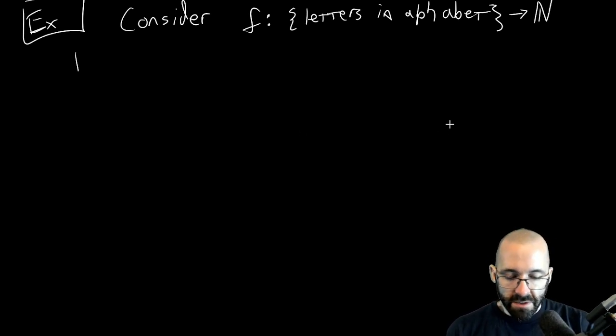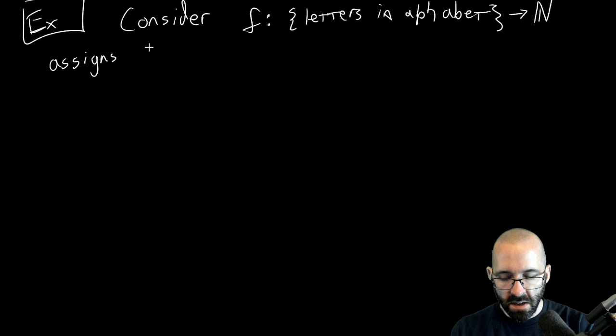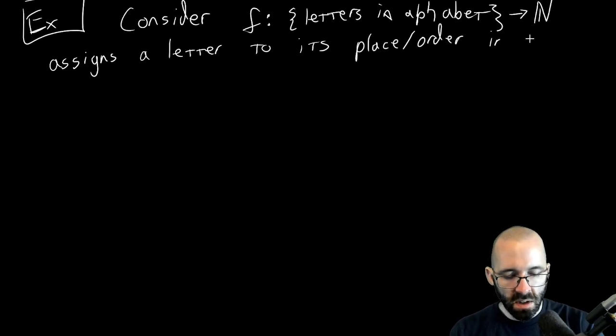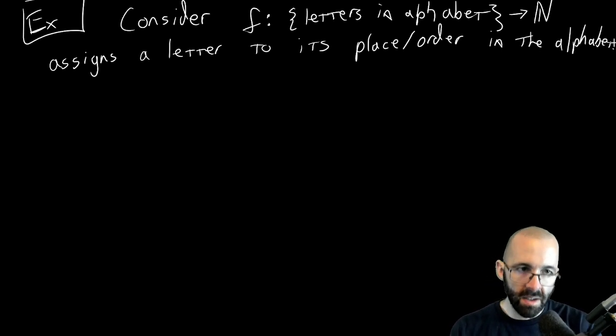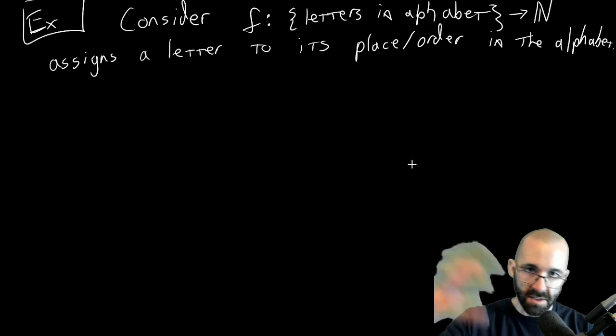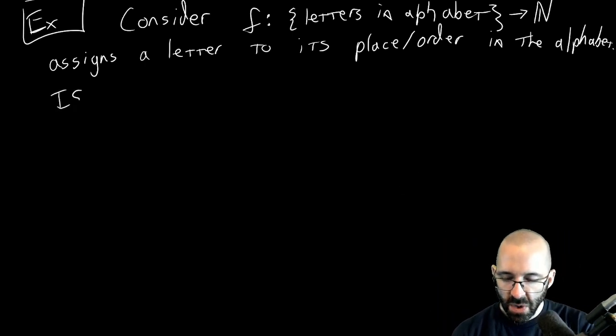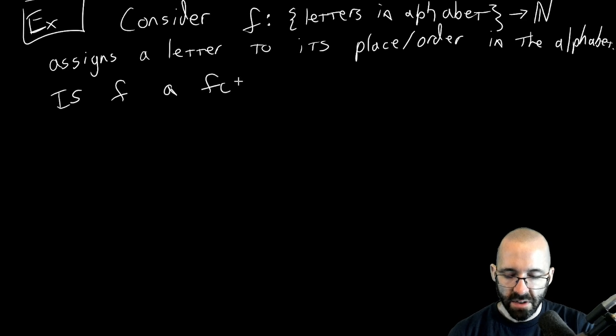So this is the function f, and we're going to say that it assigns a letter to its place or order in the alphabet. So A would be assigned to 1, B is 2, C is 3, Z is 26. Okay? So the question is, is f a function?